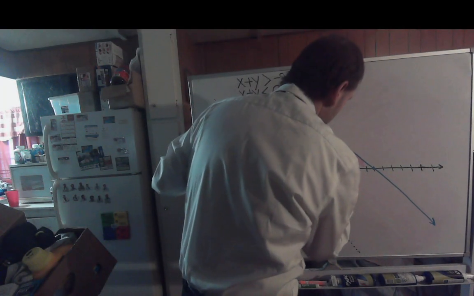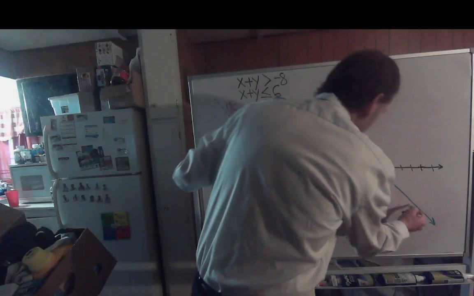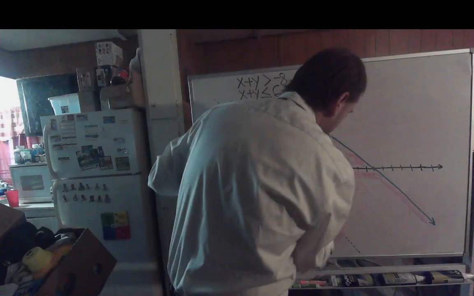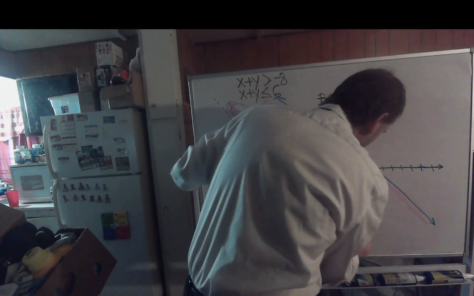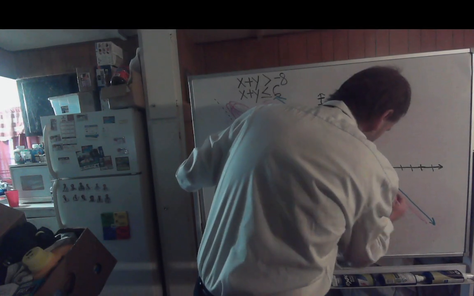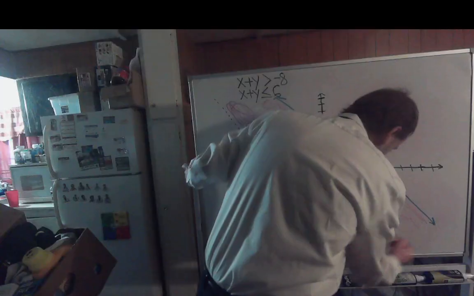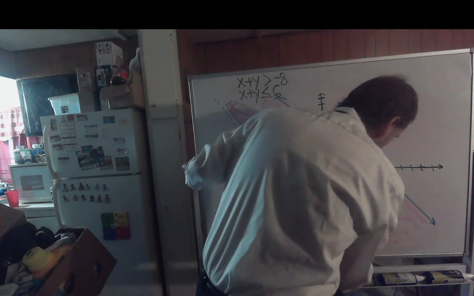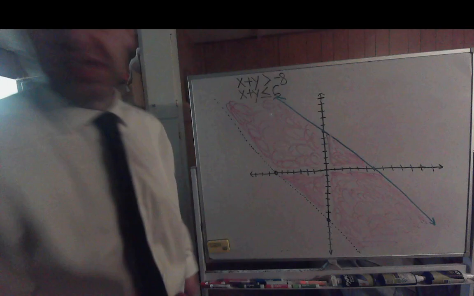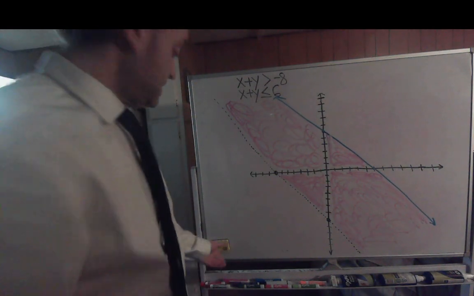And then, of course, we got this piece down here that would be shaded as in between. And that would be the region that represents the solution to this system of inequalities.